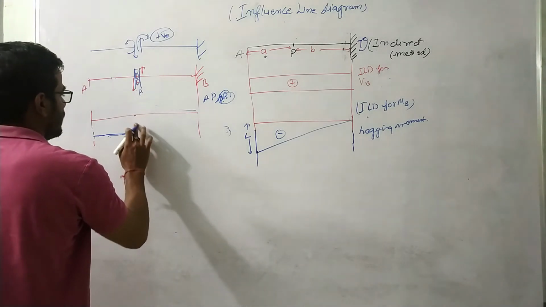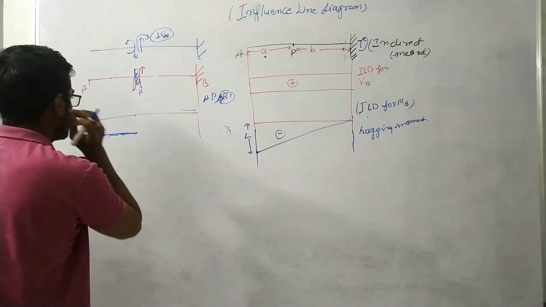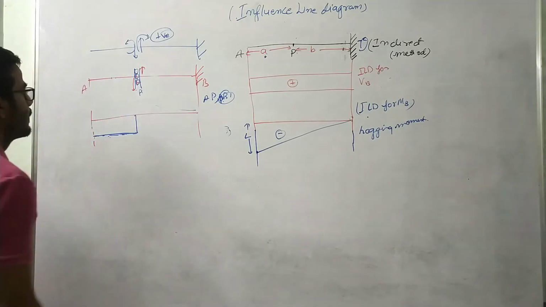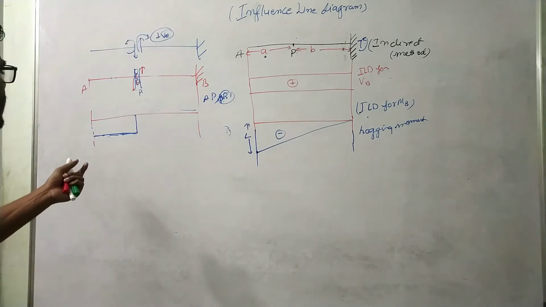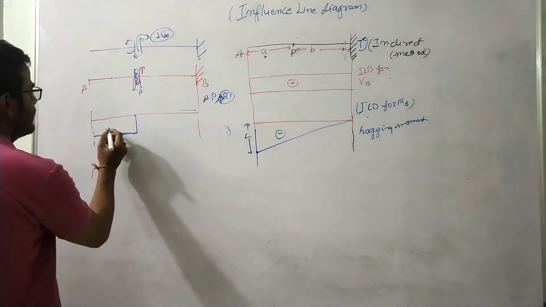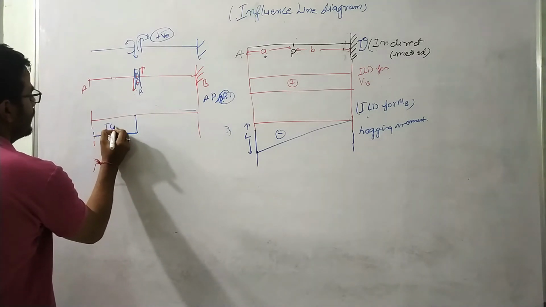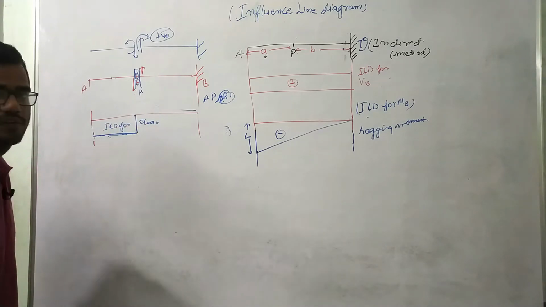Our elastic curve will look like this. Right. So this is the ILD for shear. And why it is the ILD for shear, we'll see now.